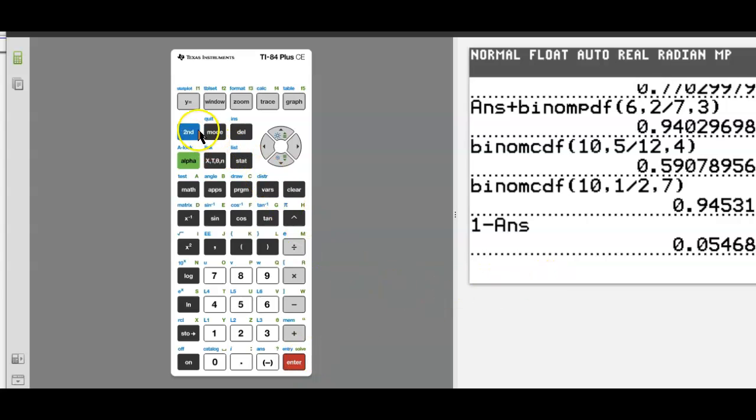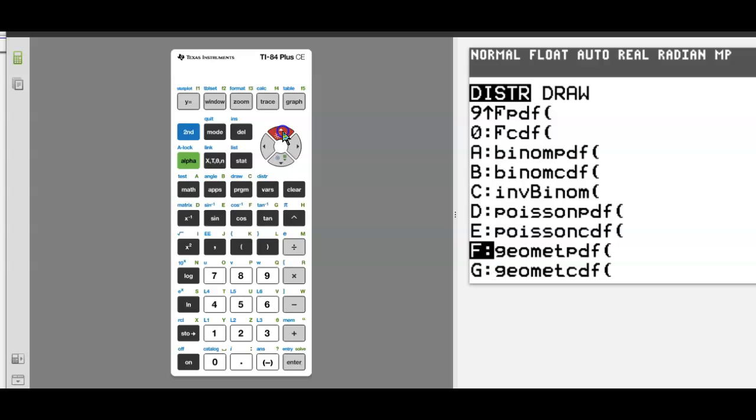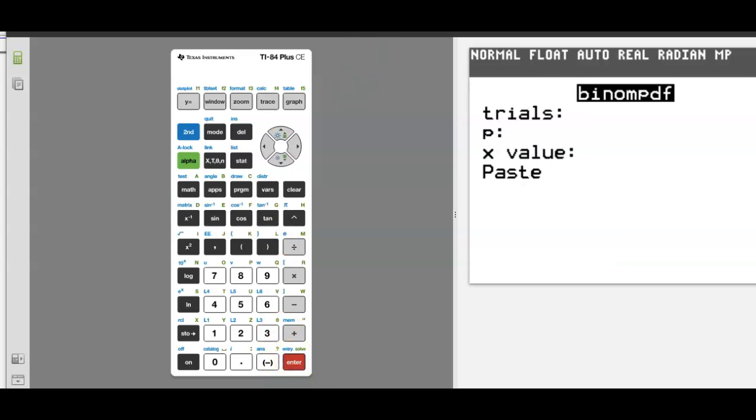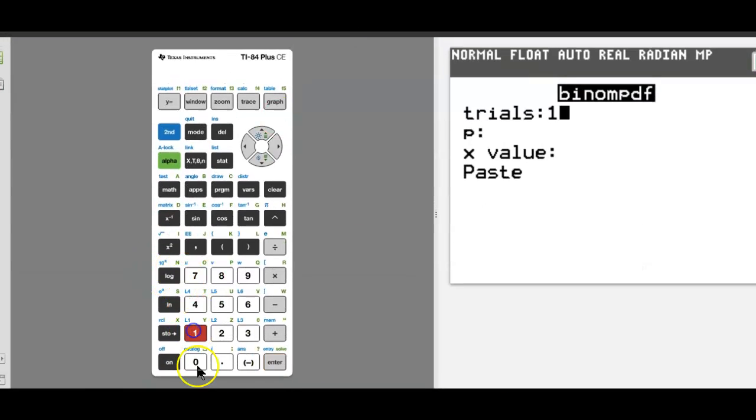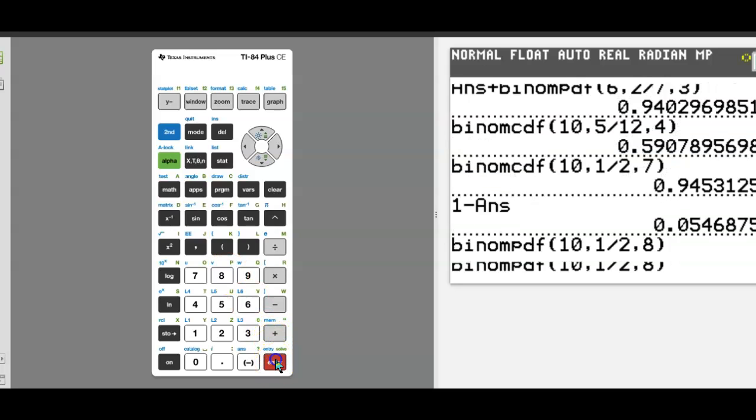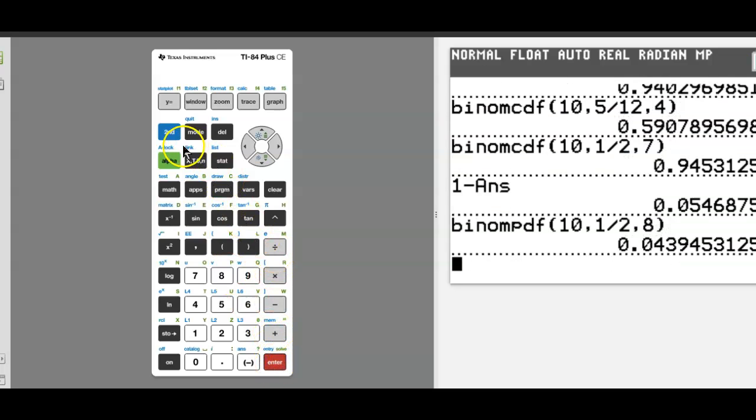Now, if that's too tricky for you to understand, again, just do the binomial PDF, where you do 10, 1/2, 8, and you get that number, and then you do that again.